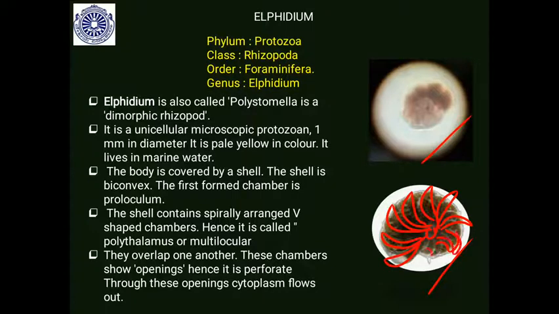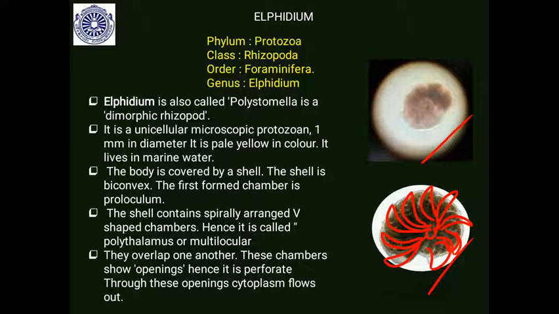Sometimes you can see this depends on the age of this Elphidium. The shell is somewhat V shape, or else you can see semicircular shell. They overlap one another.